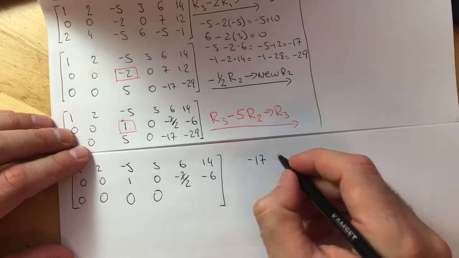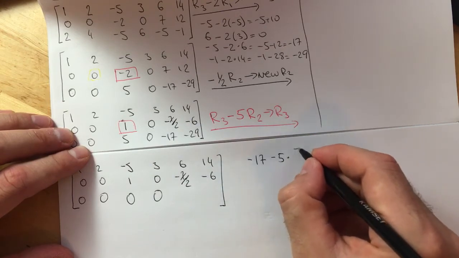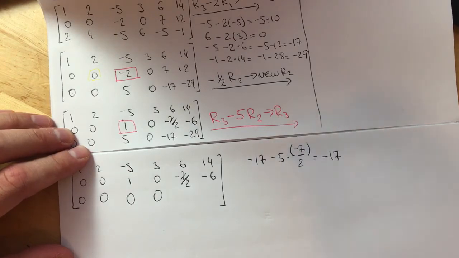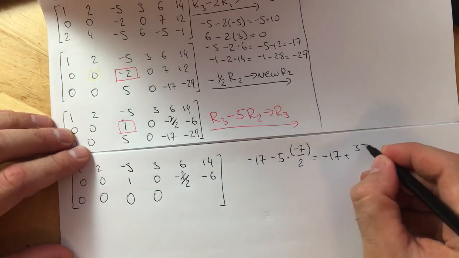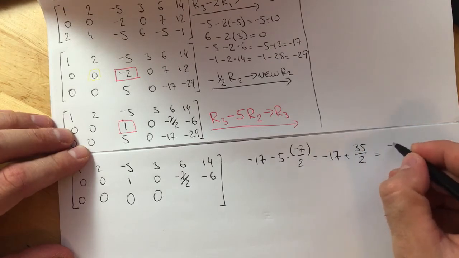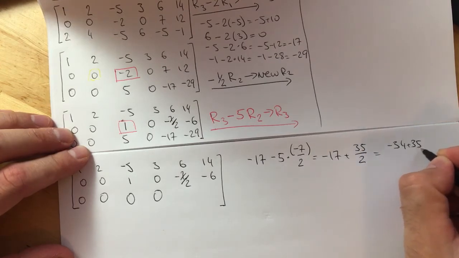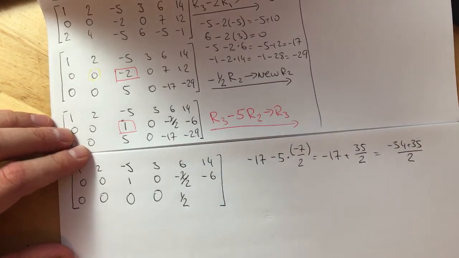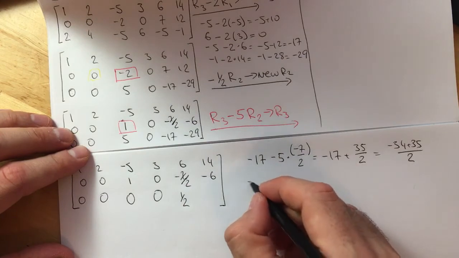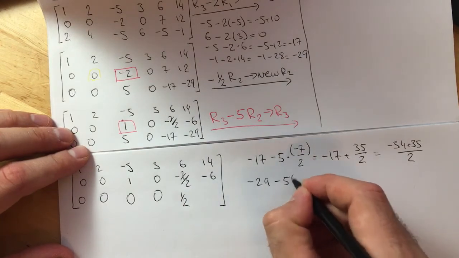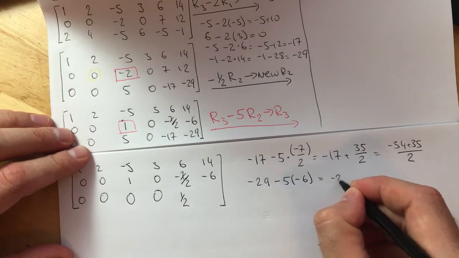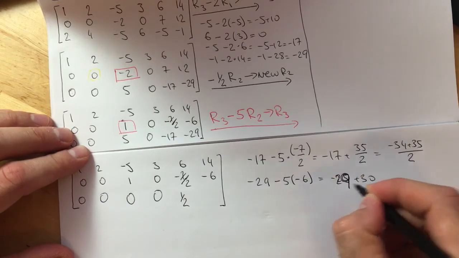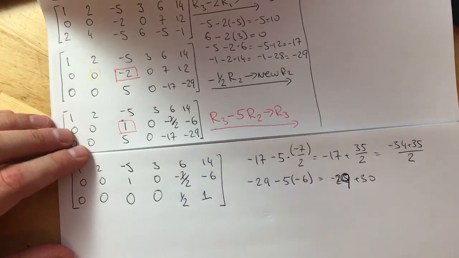Negative 17 minus 5 times negative 7 over 2. That's equal to negative 17 plus 35 over 2, or that's negative 34 plus 35 over 2. So that entry becomes just 1/2. And the last entry is negative 29 minus 5 times negative 6. That's negative 29 plus 30, and 30 minus 29 is 1.